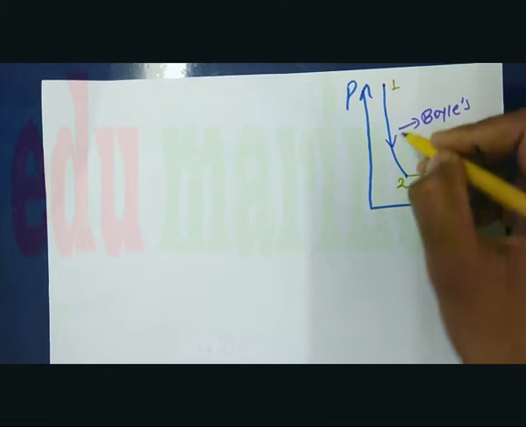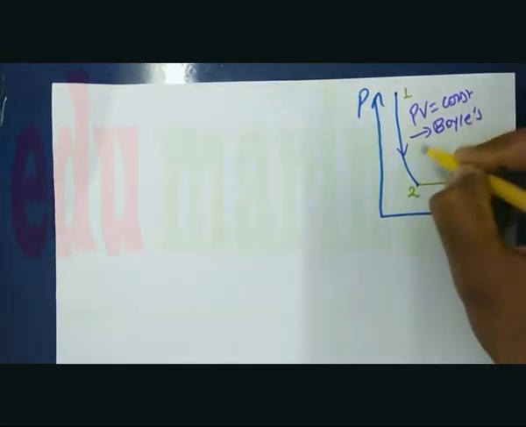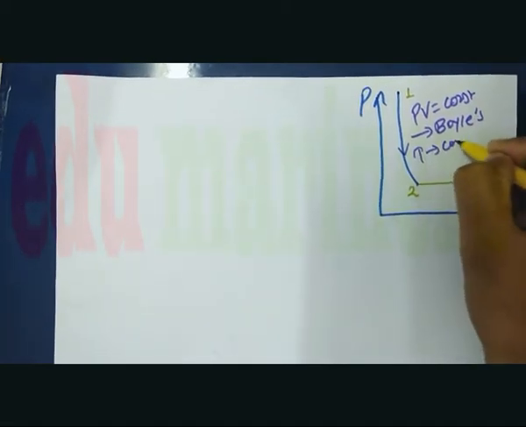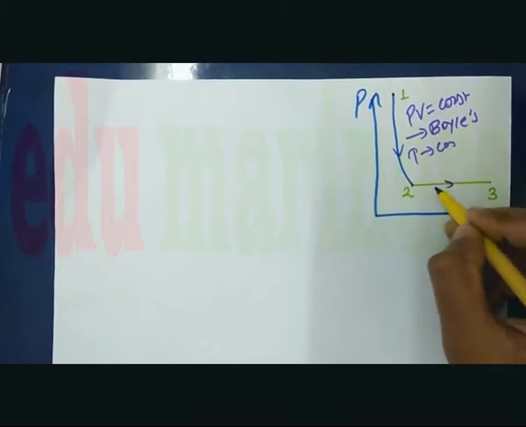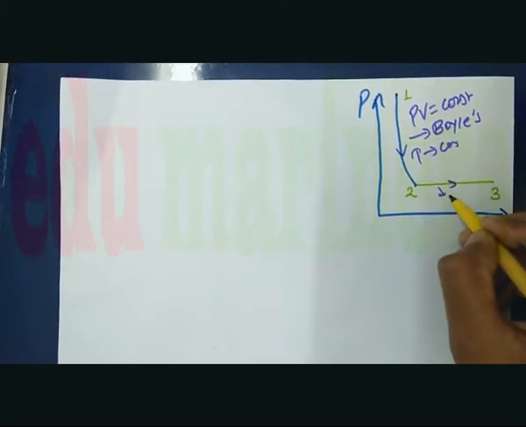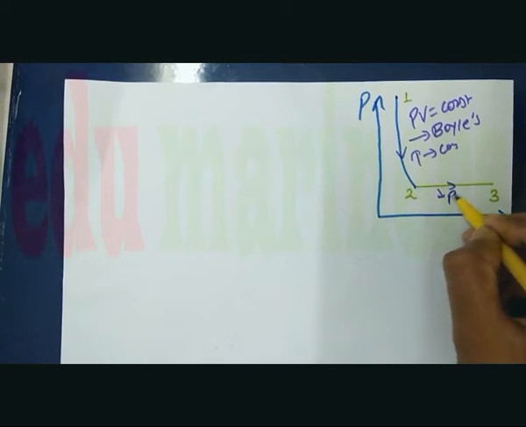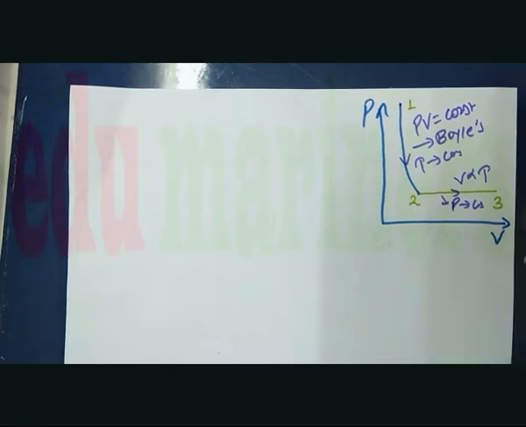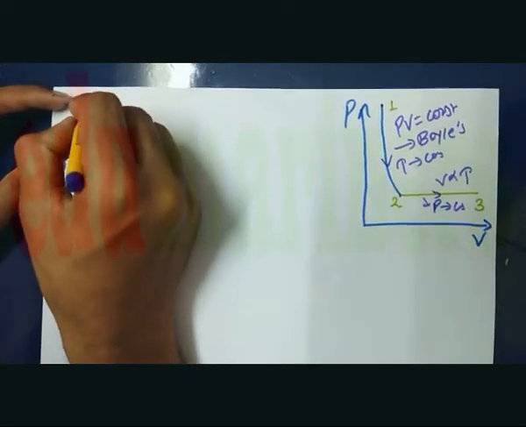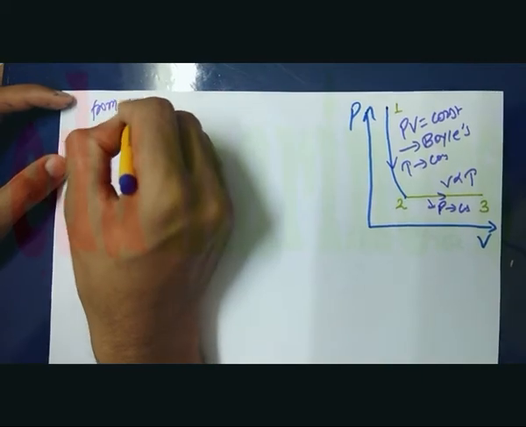Here PV is equal to constant, and the temperature is kept constant. This is the condition for Boyle's law. And from 2 to 3 it follows Charles' law. Here the pressure is kept constant and volume is directly proportional to absolute temperature, the condition for Charles' law.